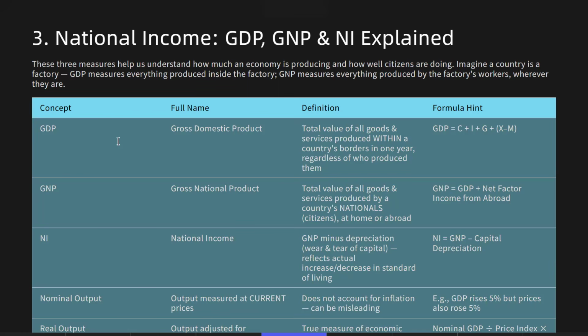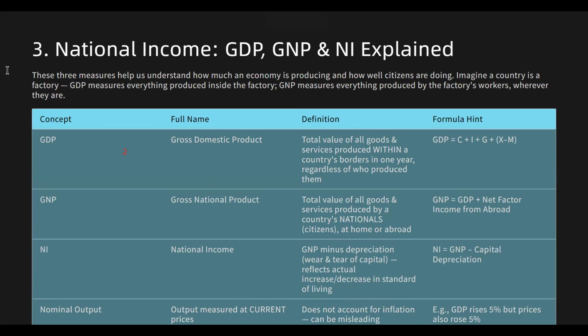Let's say 2024. In 2024, I sold the total value of goods and services. Let's say it was 100 goods at $10 each, which is 1,000, right?